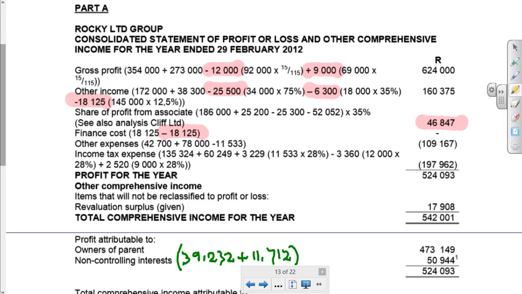Other expenses. Why is there an adjustment there? 11. Oh, the depreciation adjustments, yeah, there we go. Depreciation adjustments in other expenses. Then the tax has all those adjustments in, isn't it? The depreciation piece, the opening inventory and closing inventory pieces in the tax. 11,533.